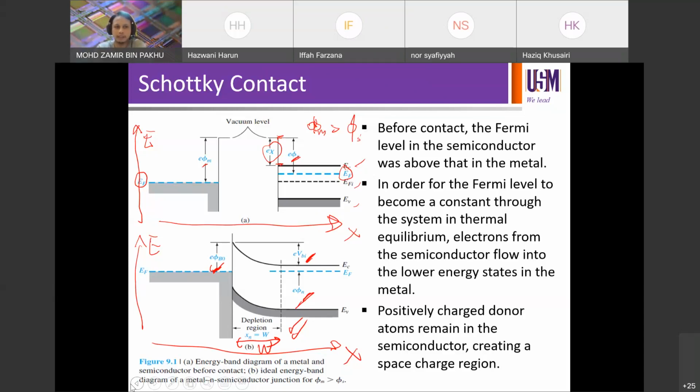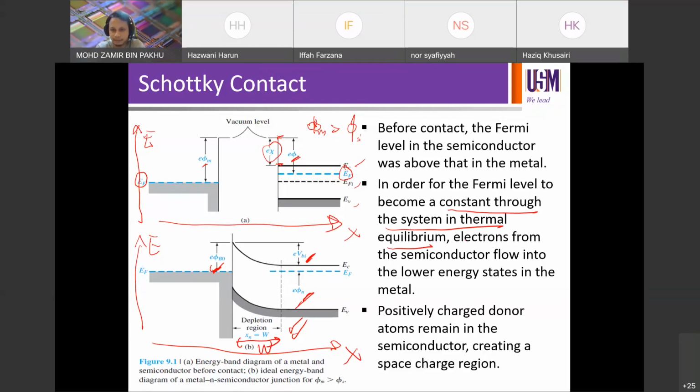So now the system is about the metal semiconductor junction. So we're going to end up with a single EF in the system, and electrons from the semiconductor flow into the lower energy states in the metal.